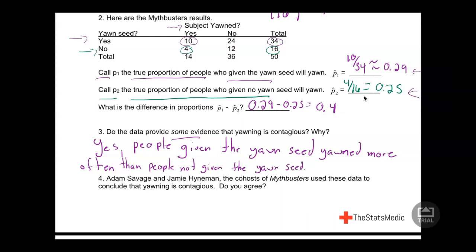Okay, so there is some evidence just with this one experiment that they conducted on the 50 subjects.